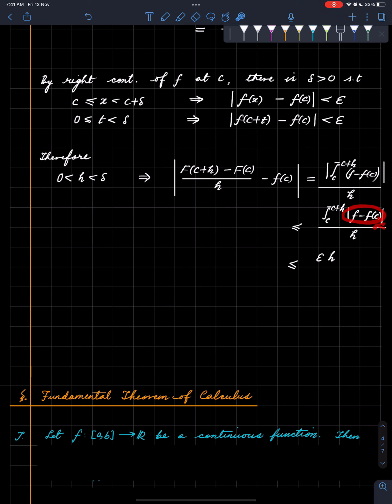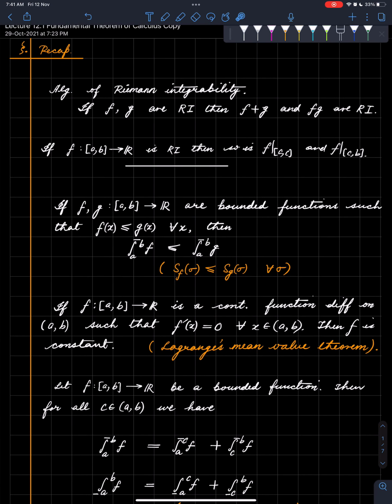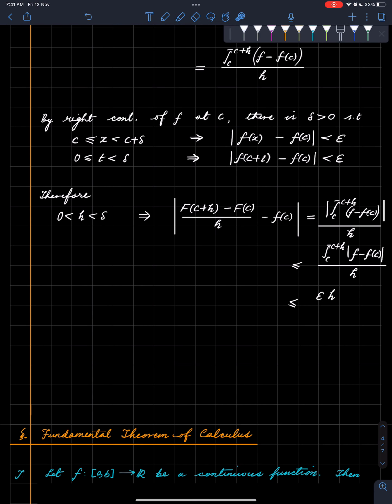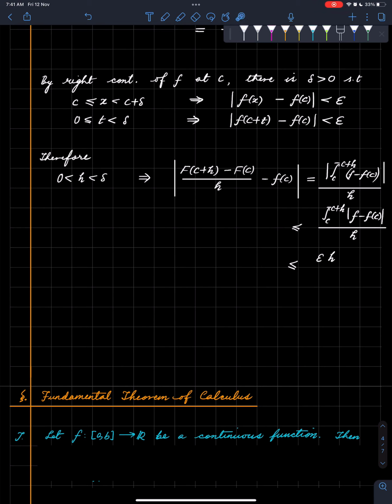This is less than or equal to epsilon throughout this interval, and therefore by the pointwise domination theorem of upper integrals that we recalled, we can say that this thing is less than or equal to epsilon. Well, let me not skip a step.